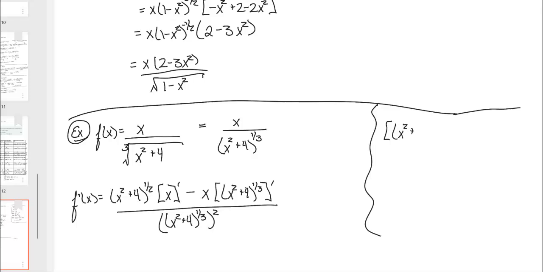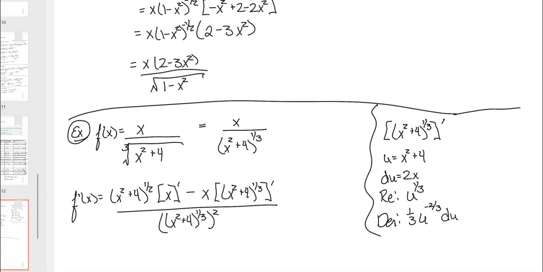So x squared plus 4 to the 1/3, and we want to take the derivative. u is x squared plus 4. du is 2x. So when we rewrite that, this is really u to the 1/3. And when I take the derivative, I'm going to bring the exponent down, I'm going to subtract 1 from the exponent, times du.